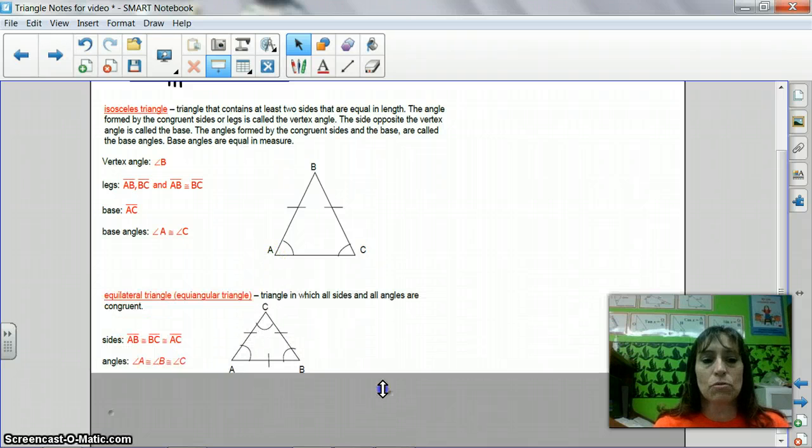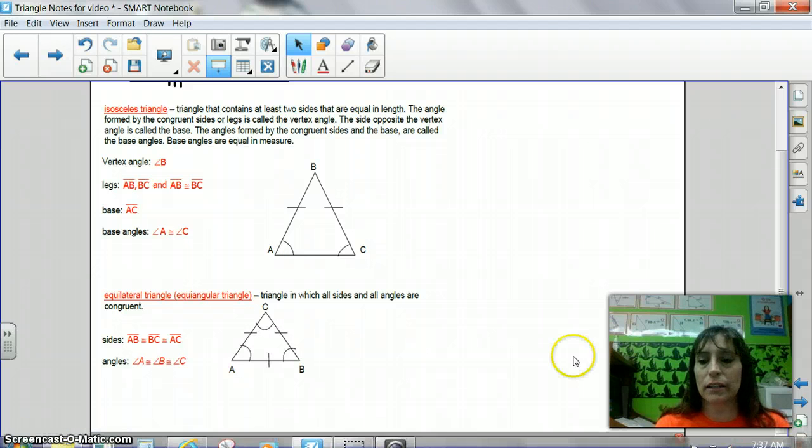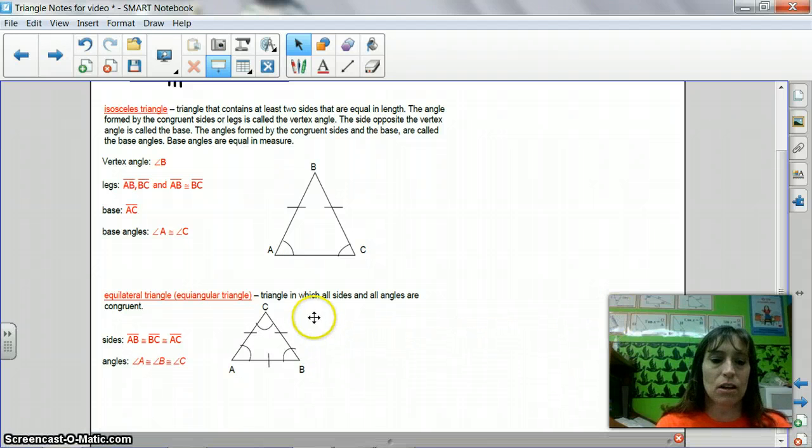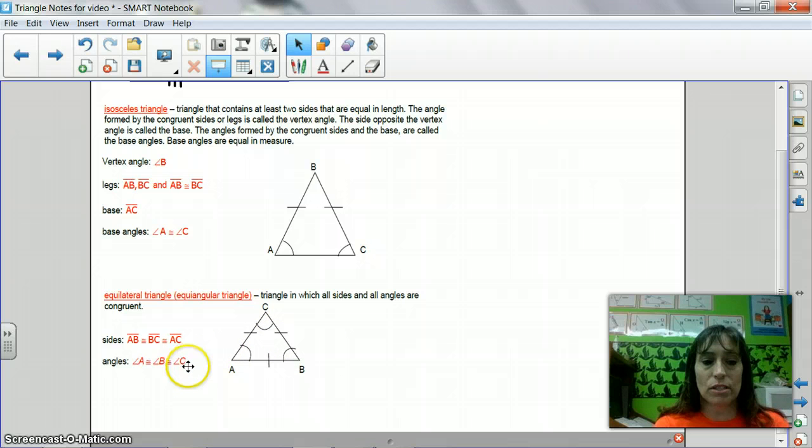And then the last one is equilateral. And you know equilateral means that all sides are the same, so each one has the same amount of tick marks, and all angles are the same. So A, B, and C are exactly the same amount, and that's why they have a congruent symbol over here on the left.